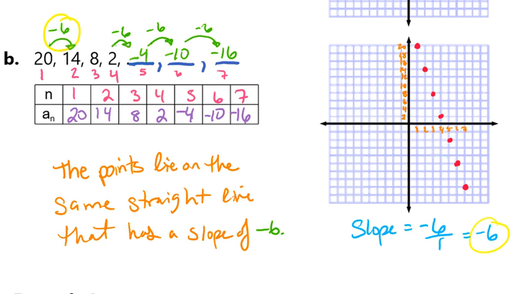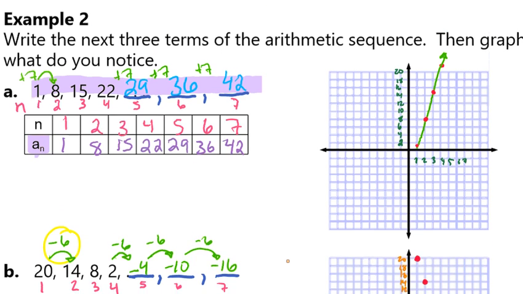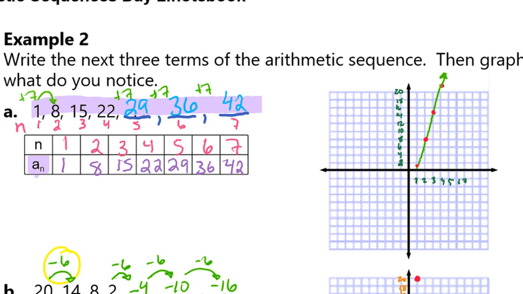So here we see that the points lie on the same straight line that has a slope of -6. And if we look at the example above, it's the same type of thing, except that here our slope is the number 7.